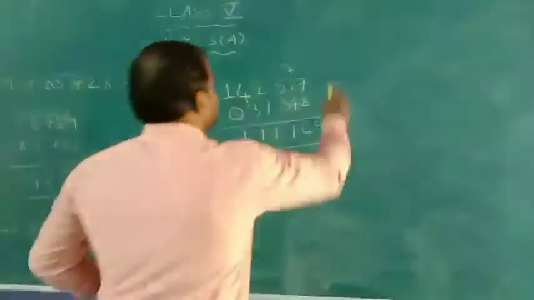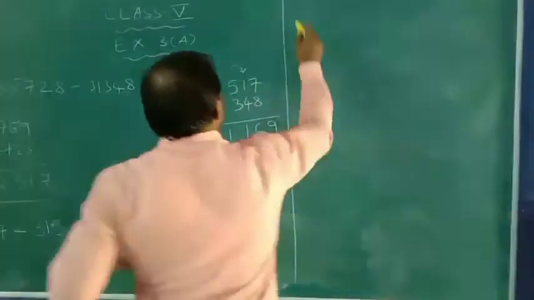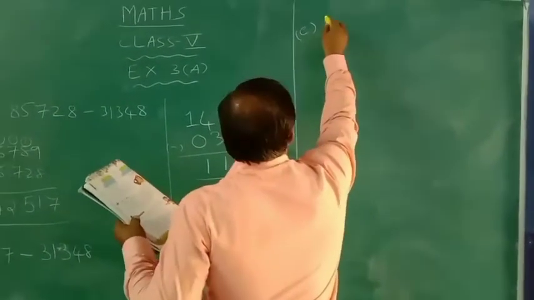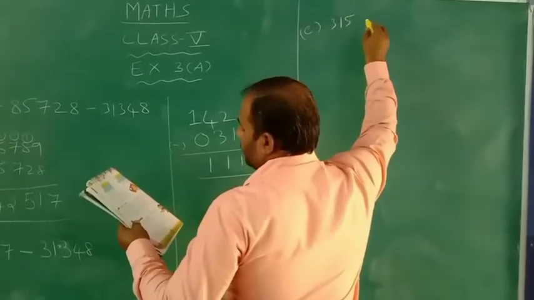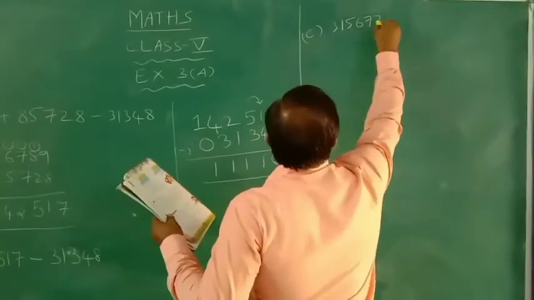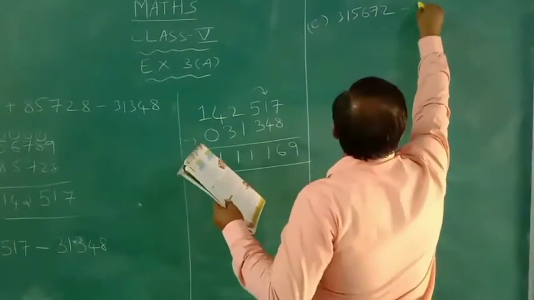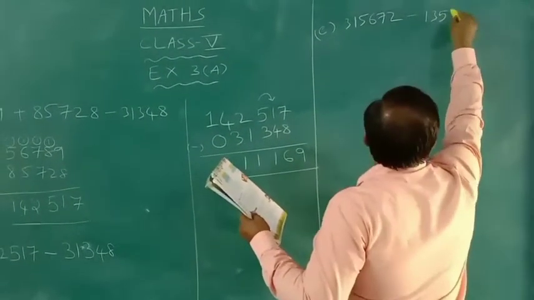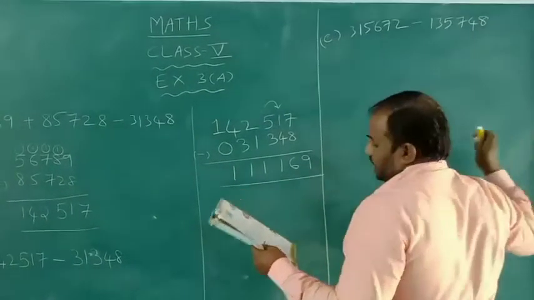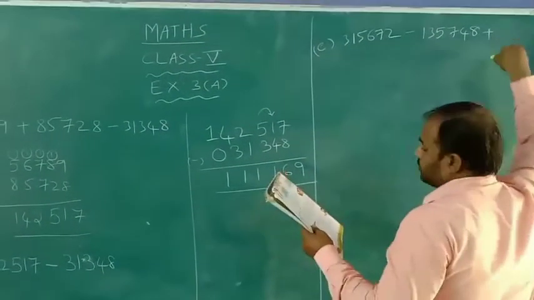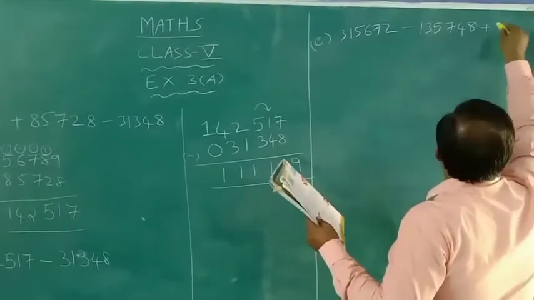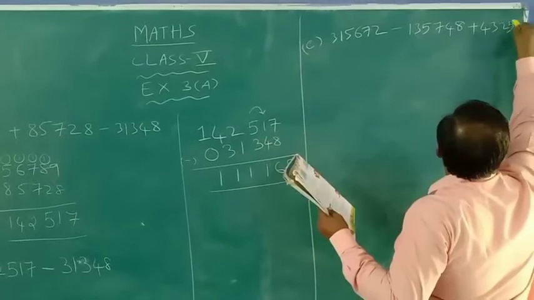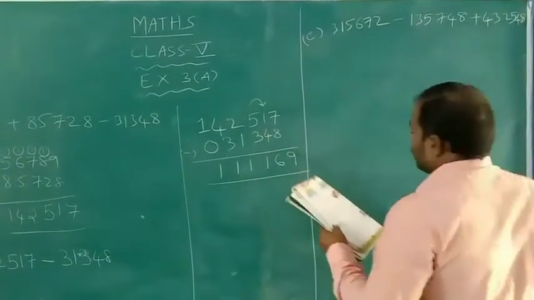Next E problem. Next E problem beta. 3,15,672 minus 1,35,748 plus 4,32,548.